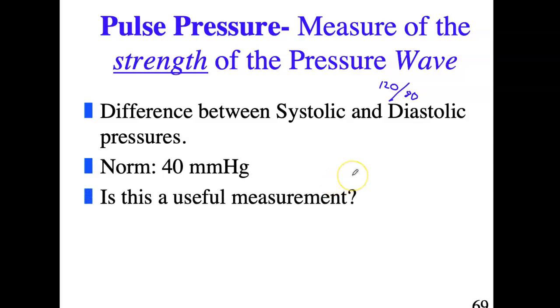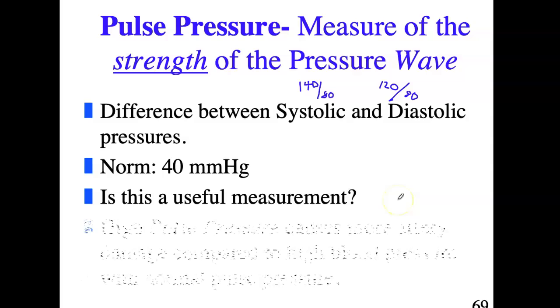What happens if that changes? What happens if that pulse pressure gets higher? So what if I had much higher up here, 140, and below I still maintain my 80, let's say. So now that's 60 instead of 40 millimeters of mercury. So is that useful at all?